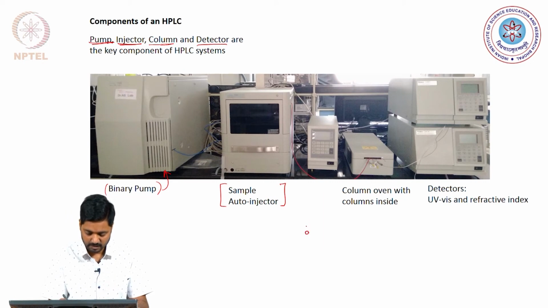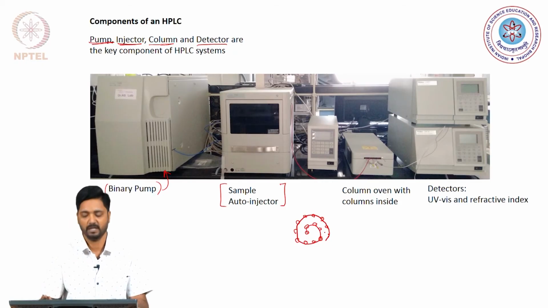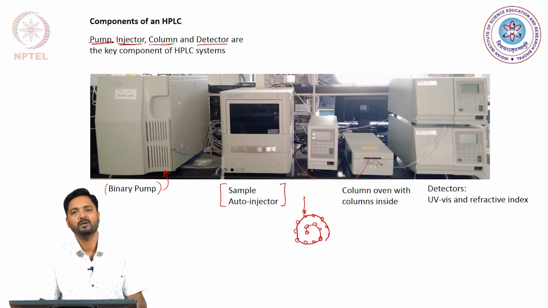Now, this auto injector is a sort of a robotic system where we have the vials arranged in a spiral format, and each vial will have its position fixed. So, this is the kind of spiral system in which the vials will be arranged, and there will be a syringe that will come and pick up the sample from a particular vial present at a particular position.